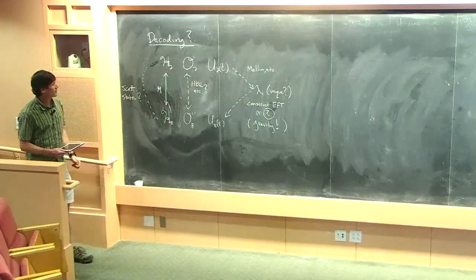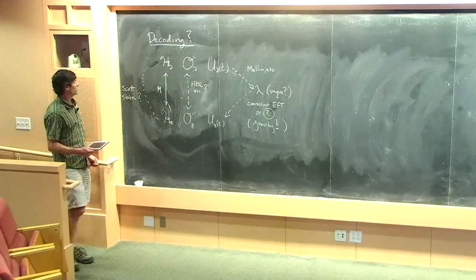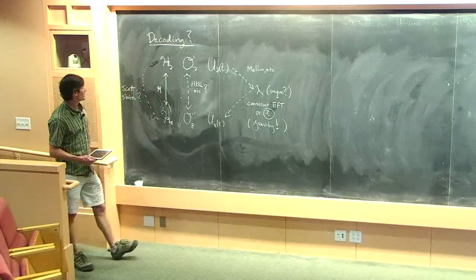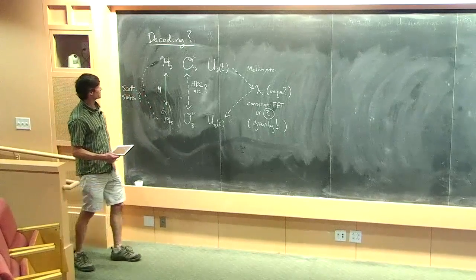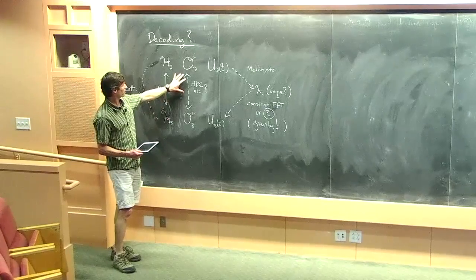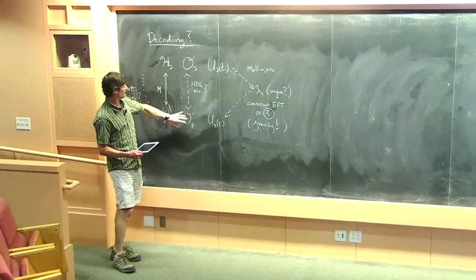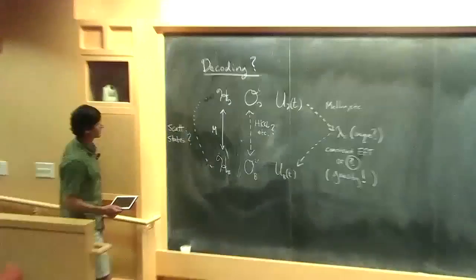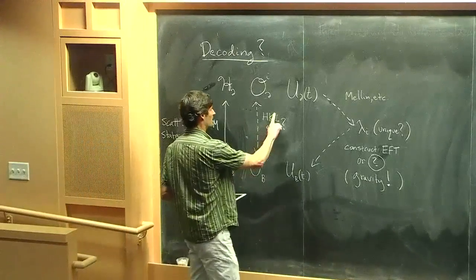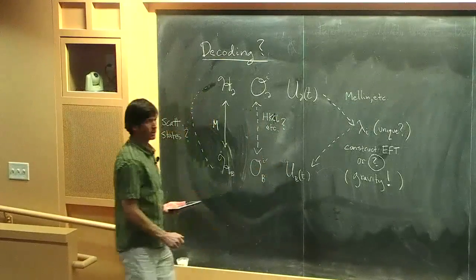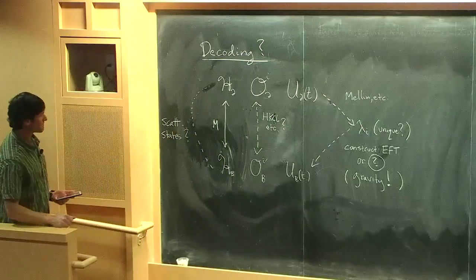And so there have been various approaches to getting information about this map. One example is this whole discussion of operators, and we've been talking about whether we can really get the good bulk operators from a boundary construction via HKLL, etc., and what the subtleties are with that.